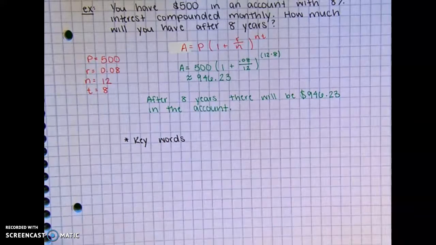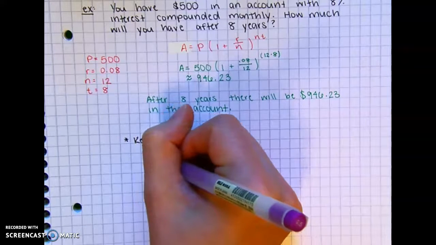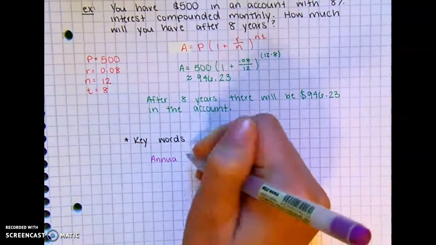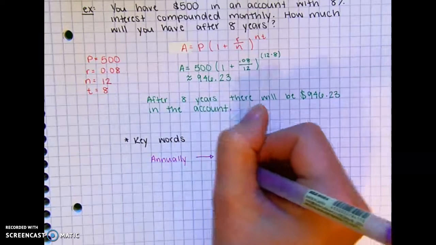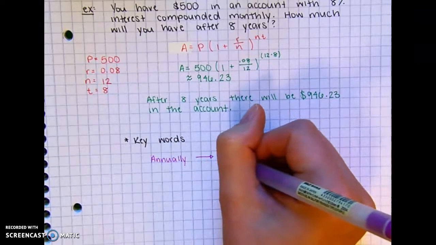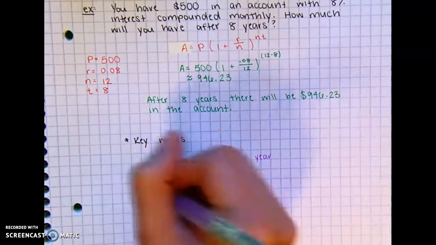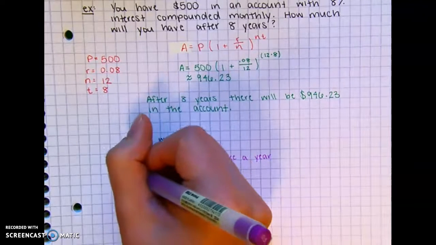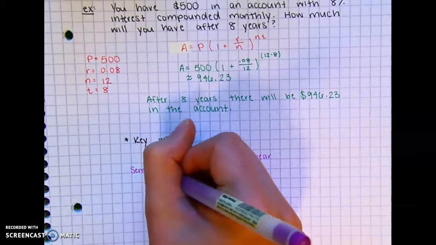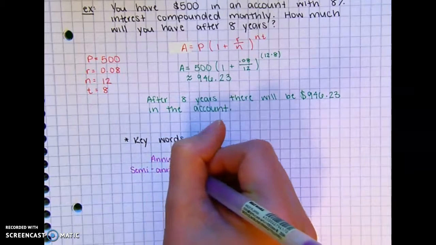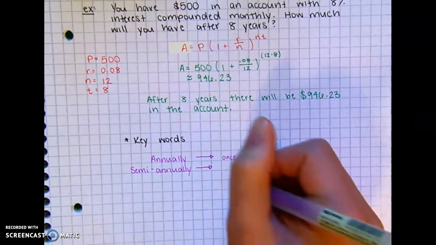Annually, that is once a year. Semi-annually, that is twice a year.